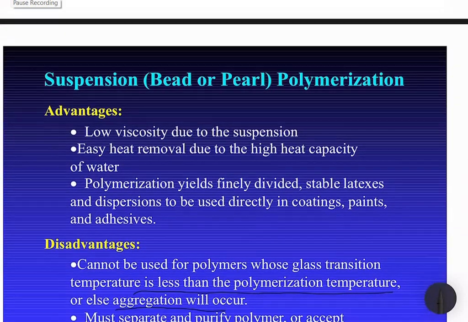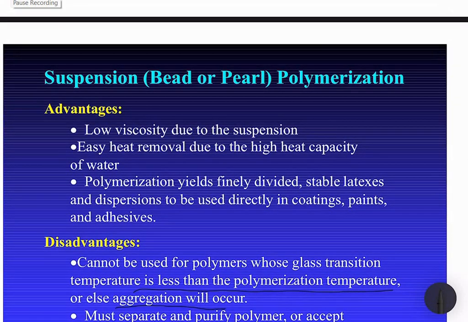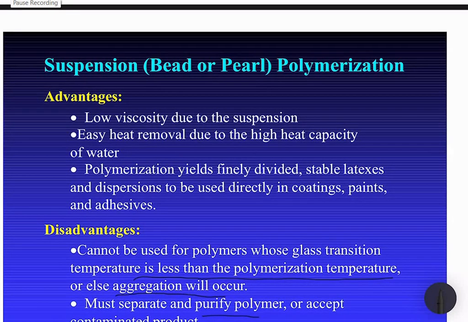Now, the advantage we have in suspension polymerization is that the system has a low viscosity due to the suspension status. Heat removal is much easier in the process because, number one, the viscosity is not increasing, and number two, you are using water as a suspending agent, and we know that water as a liquid has the highest heat capacity, meaning it can absorb a lot of heat with little rise in its own temperature.